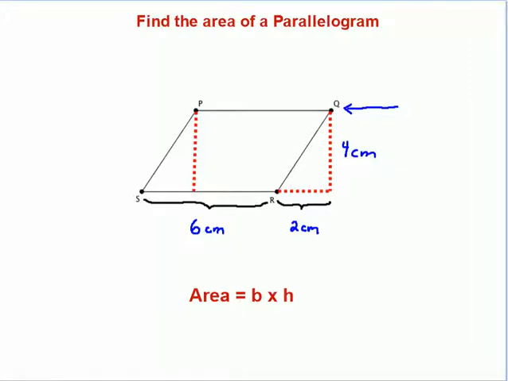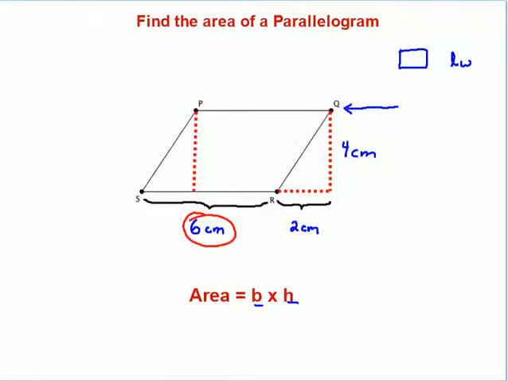So how do we find the area of the parallelogram? Well, we have a formula for that. It's very similar to the area of a rectangle, which you'll remember was length times width. The area of a parallelogram is the base times the height. So here we have our base right here, and that is 6 centimeters. We have 6 centimeters for our base. And now we need to know the height.